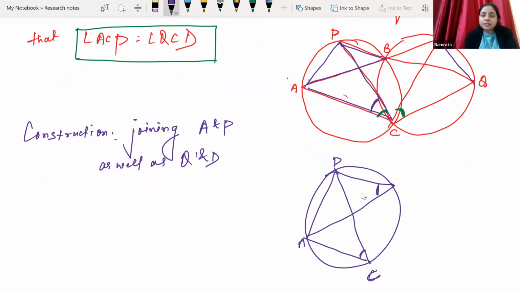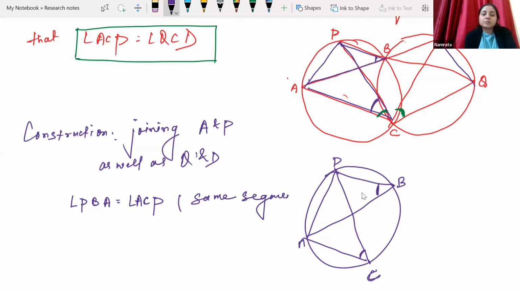Here this angle at C and this angle at B will be equal to each other. Why? Because angles in the same segment are of the same measurement. Yes or no? Can we say angles in the same segment have the same measurement? You can see these two angles are in the same segment of the circle. Okay, so we can say that angle PBA is equal to angle ACP. Why? Angles in the same segment are of the same measurement.